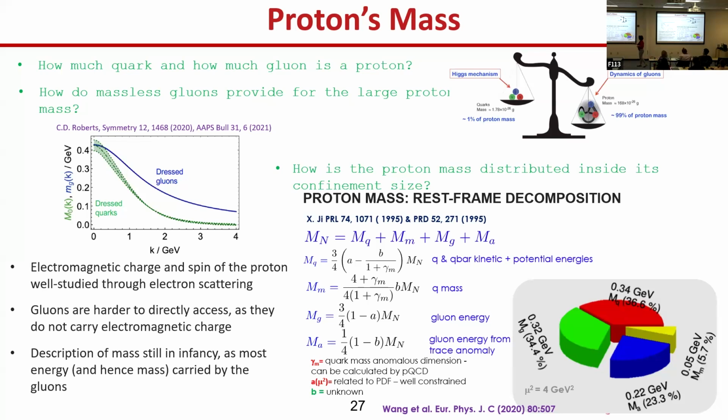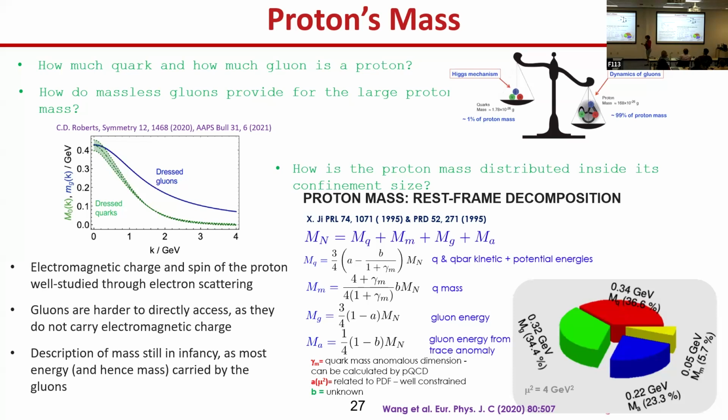In general, the proton mass in the rest frame decomposition is made of 4 pieces according to this paper: the energy of the quarks, the mass of the quarks, the energy of the gluons, and there is also one term which is the gluon energy from the trace anomaly.